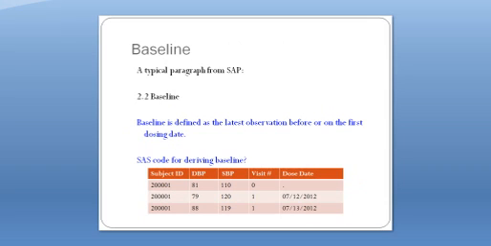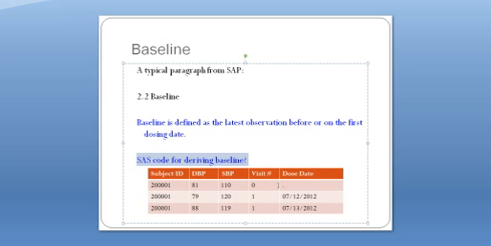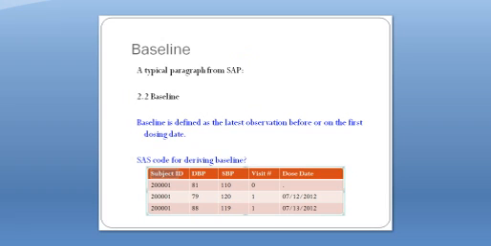So now, how do you define the baseline value? This is a very important concept for any clinical trial programmer. Look at this data. These data list a few observations from the vital signs, and you have subject ID, DBP, SBP, visit number, and dosing date.